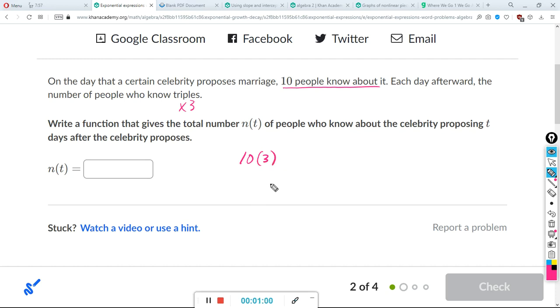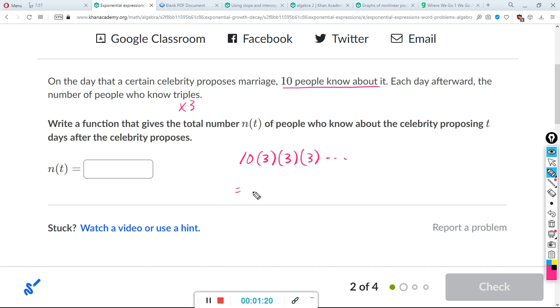And then the day after that, it triples again. So this answer gets multiplied by 3. And then after that, this answer gets multiplied by 3 for the next day. Okay, so it triples or gets multiplied by 3 each day. And it just keeps going.